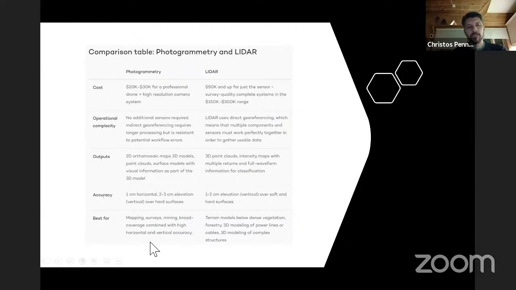And as we said before, photogrammetry is best for mapping, surveys, and broad coverage of an area combined with high horizontal and vertical accuracy, whereas LiDAR is better for terrain models below dense vegetation, forestry, and 3D modeling of power lines, cables, etc.